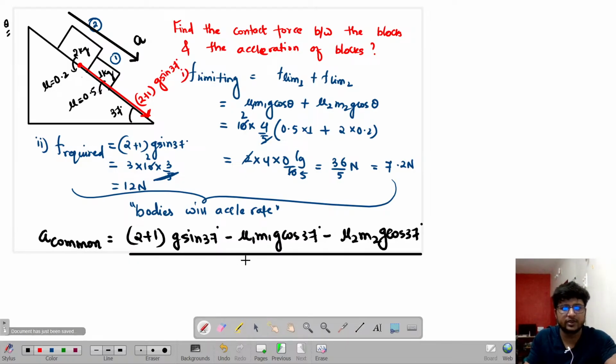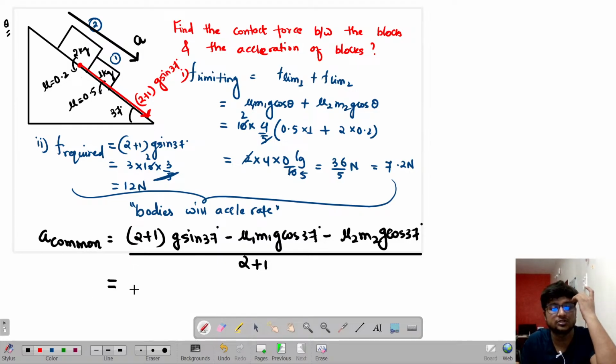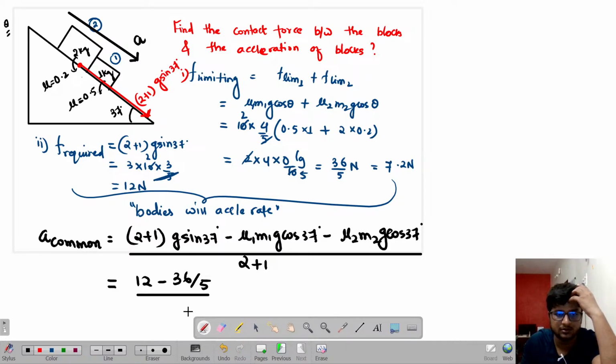How much is the mass moving? 2 plus 1. Is that clear or not? So this is 12, and mu1 m1 g plus mu2 m2 g we have already added, which is 36 by 5, divided by 3. So look over here, 60 minus 36. How much is that?